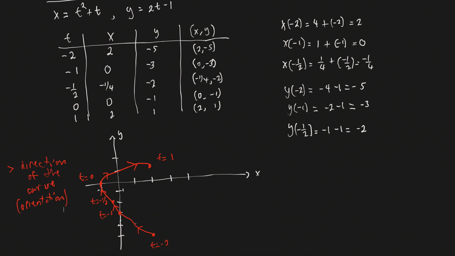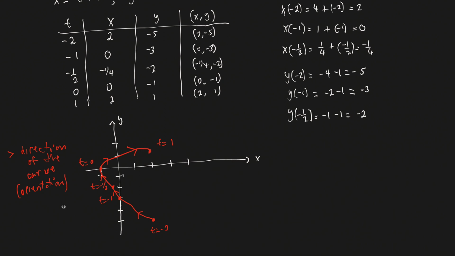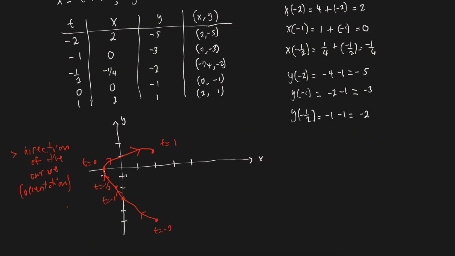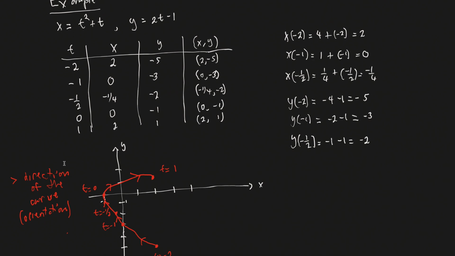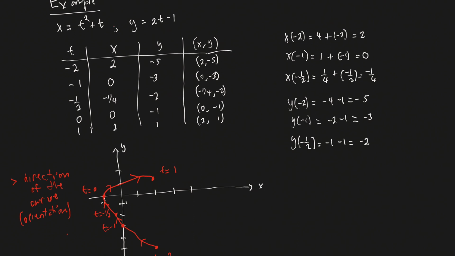And parametric curves, if they allow you to define a direction, then that means you can do a lot more cool things with it, right? So that's our first example of a parametric curve. And I chose, let me go back up here just a little bit, I chose these equations because the functions are relatively easy to evaluate.